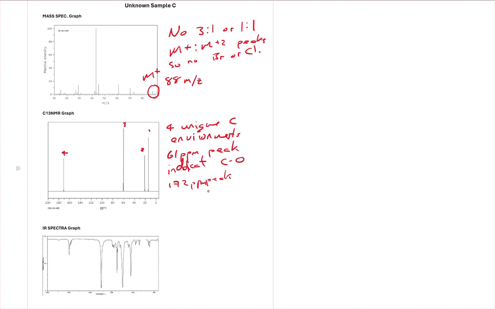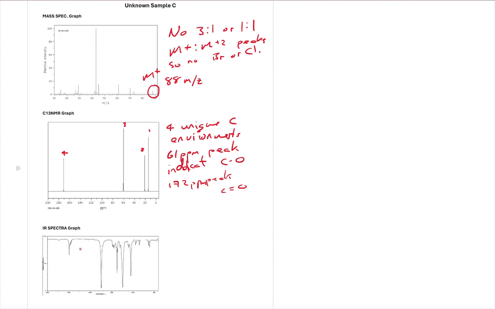That's number 4, and that shows us that we have a C double bond O. Cool. So that's all the information we can get from that, and we can start working with that. So we've got a molecule that's 88, has at least 4 carbons. We've got 1 carbon joined to a single bond oxygen and 1 to a double bond oxygen, so there must be at least two oxygens.